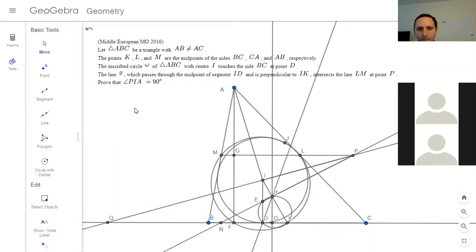PIA. Let's see. So we want to show PIGA is cyclic. We know angle GAI, like Anmol said. We want to find angle GPI. Obviously, that's the same as angle PQC, or IQC if you want.